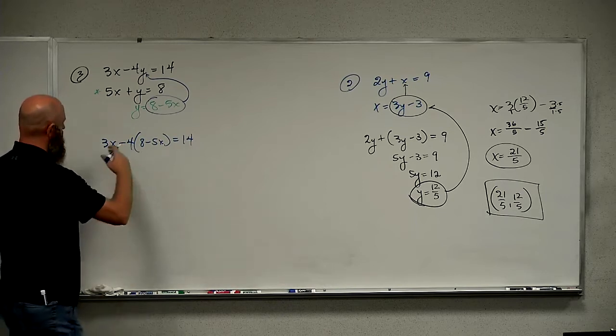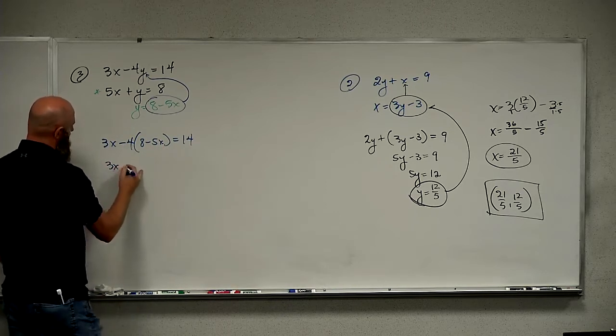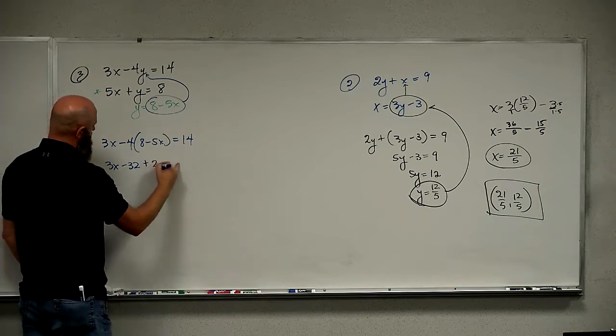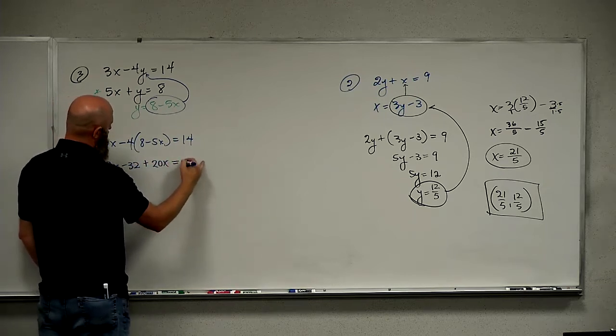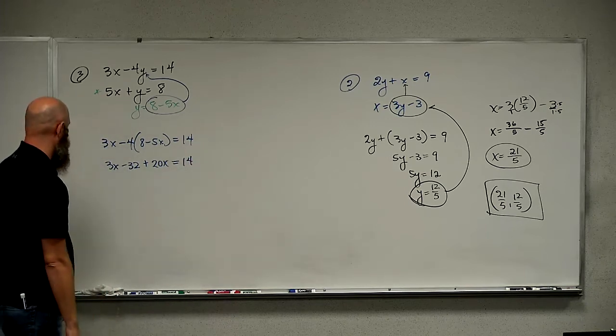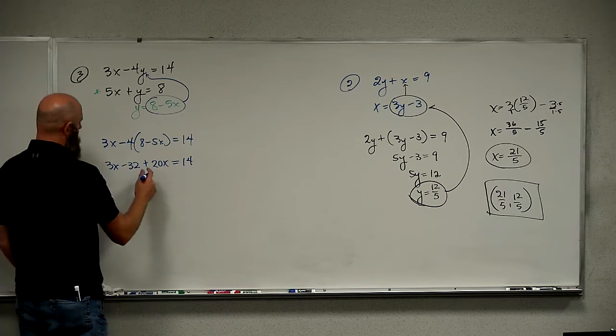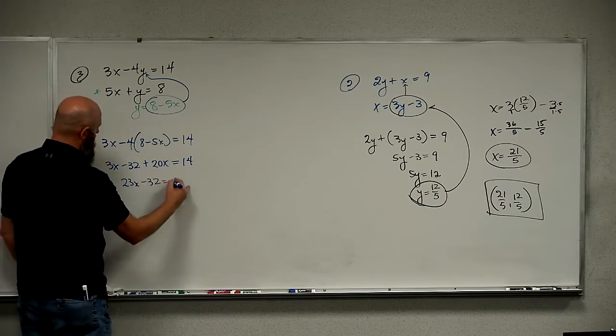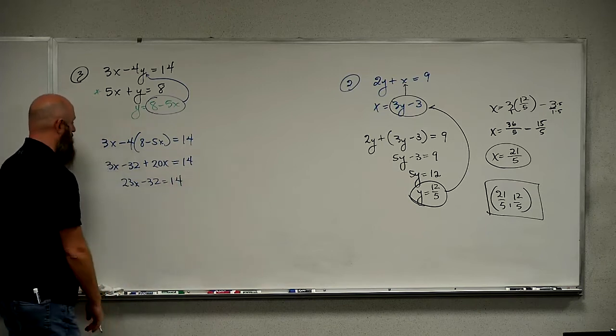So now we got to start distributing. So 3x minus 32 plus 20x equals 14. So we put those together, we're going to get 23x minus 32 equals 14.